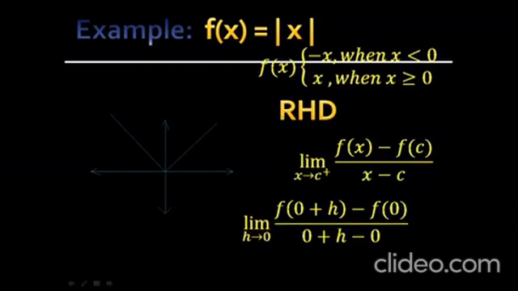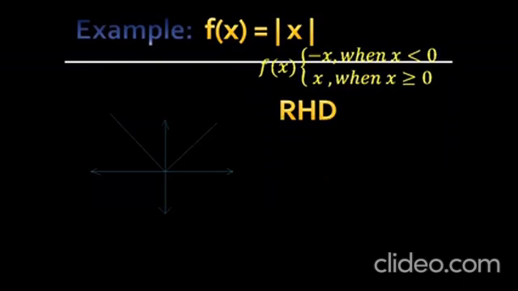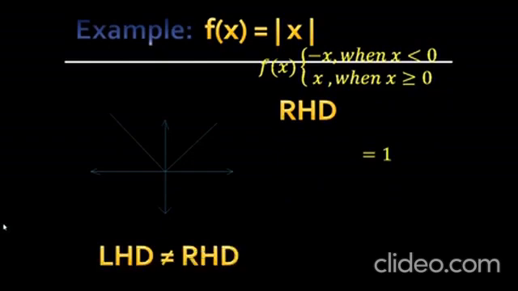Simplifying, we get limit h tends to 0, h upon h, and simplifying again, the right hand differentiability is equal to 1. Now we can see the left hand differentiability is -1 and the right hand differentiability is 1. So -1 cannot be equal to 1. That's why we can say the left hand differentiability is not equal to the right hand differentiability.